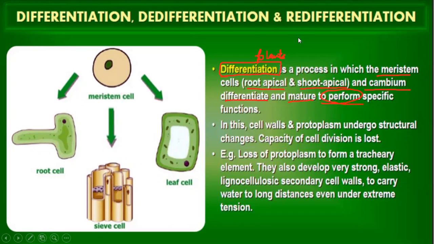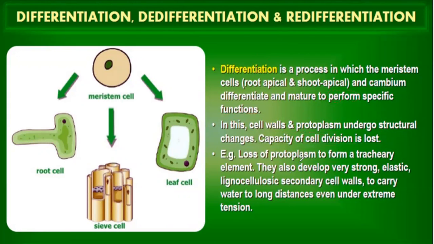So all the tissues, whether meristem or cambium, differentiate and mature to perform a specific function. Here the cell walls and protoplasm undergo structural changes, and the capacity of cell division is low. So when meristematic cells mature, they get transformed into permanent cells.